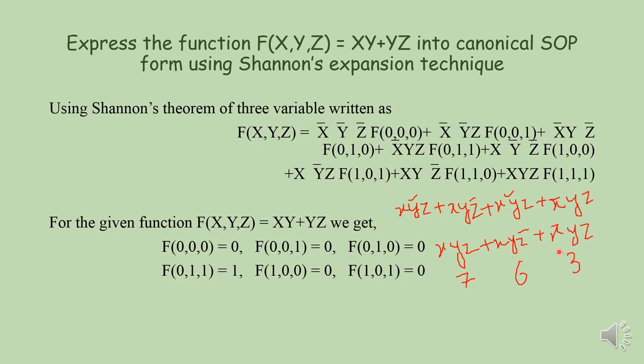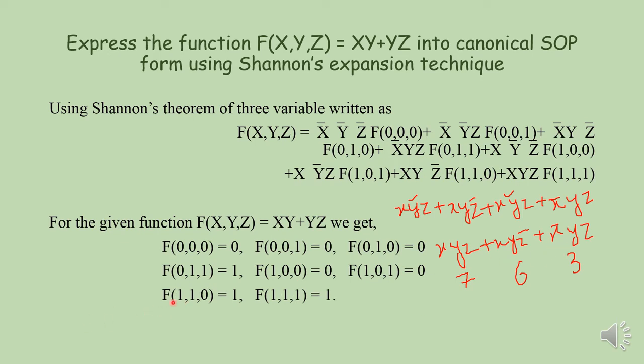This is present in this expression, so here we consider 1. Next f 1 0 0, that is x y bar z bar. This term is also missing, so here we write 0. f 1 0 1, that means x y bar z. This term is also missing, so here we write 0.